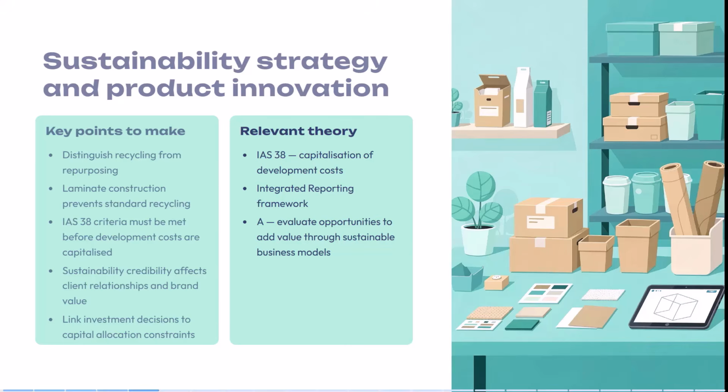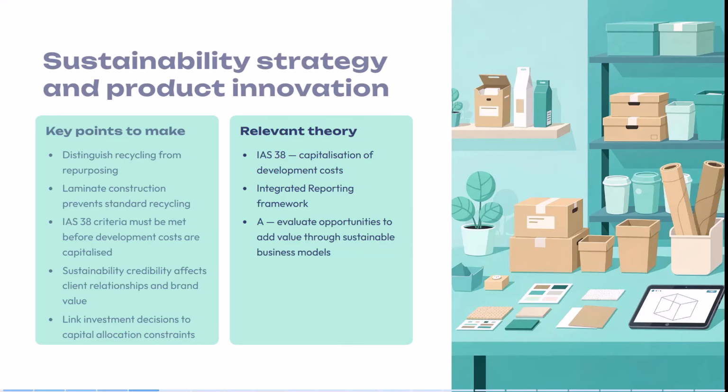And then finally, I've got core activity A on screen: evaluate opportunities to add value. Now this is one of the 5 MCS core activities that every task is mapped to. It covers capital investment appraisal, business model evaluation, and identifying and evaluating strategic opportunities.